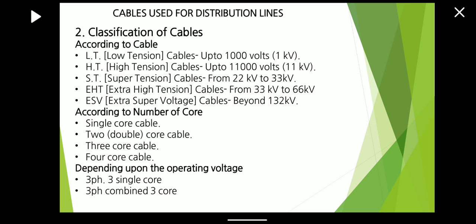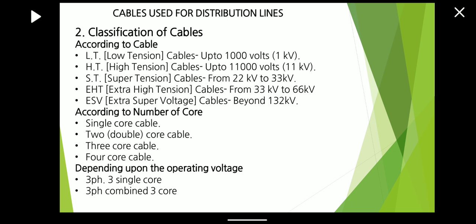Then the super tension cable, with a rating of 22 kV to 33 kV. Then the extra high tension cable, 33 kV to 66 kV. And the extra super voltage cable, beyond 132 kV.